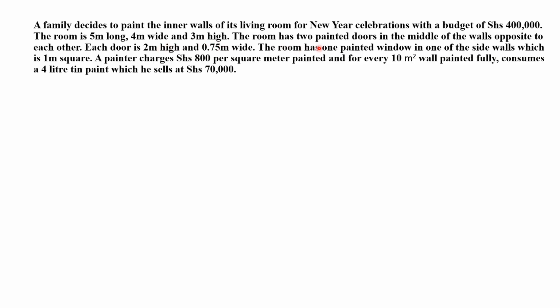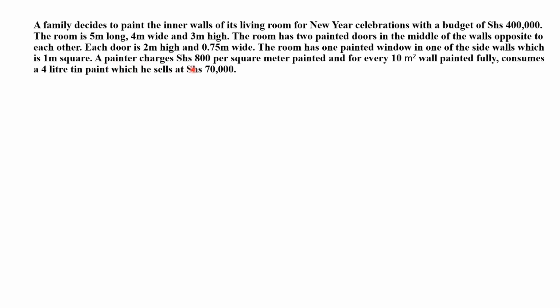The room has 2 painted doors in the middle of the walls opposite each other. Each door is 2 meters high and 0.75 meters wide. The room has 1 painted window in one of the side walls, which is 1 square meter.